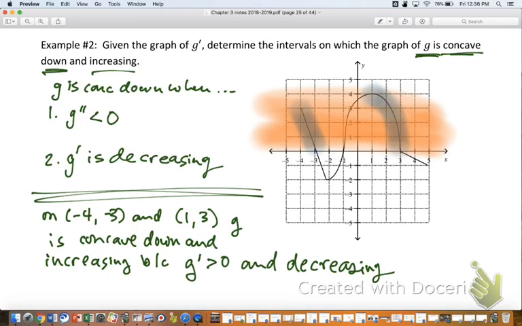Does that make sense? And then, take it a little bit further. I guess we'll just call this one f of x. This f of x would be decreasing and concave up. F of x would be decreasing and concave down.